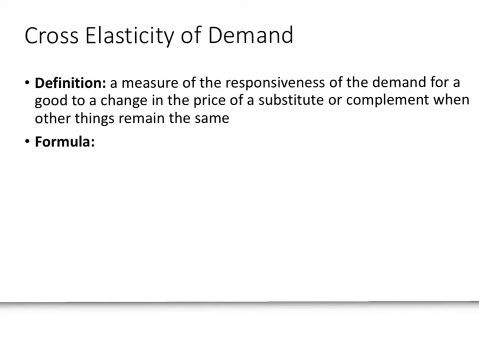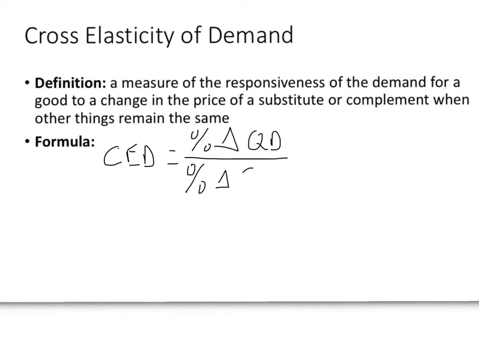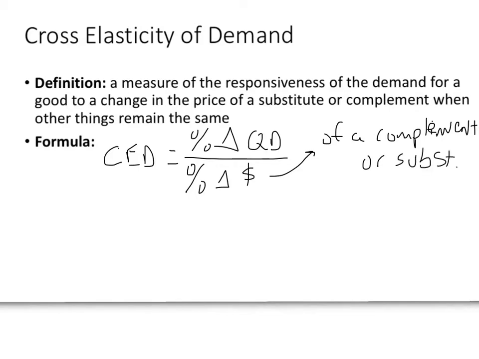And so what we have is a very simple formula for the cross elasticity of demand, and it is that the cross elasticity of demand equals the percent change in quantity demanded of a good over the percent change in the price, but the price is of one of its complements or substitutes, of simply a complement or a substitute.